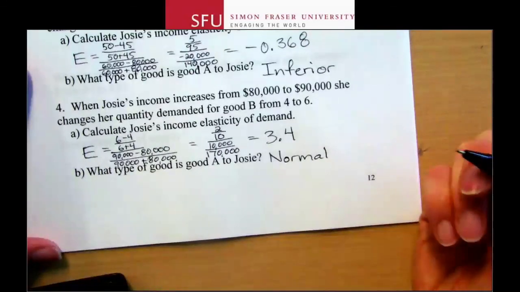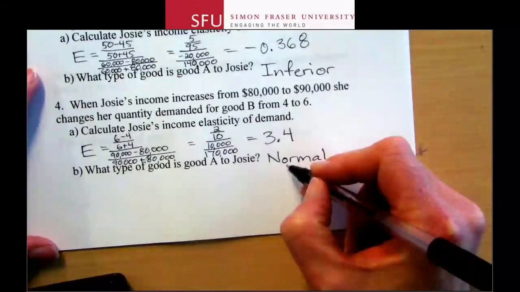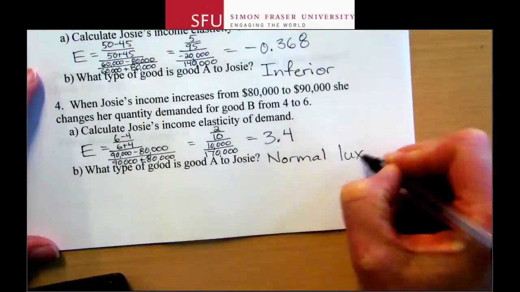All right, 3.4, more than one, so luxury. So we can add that here. So it's a normal good and it's a luxury good.